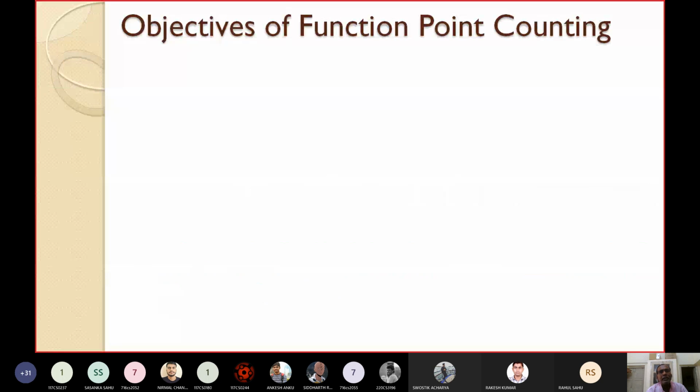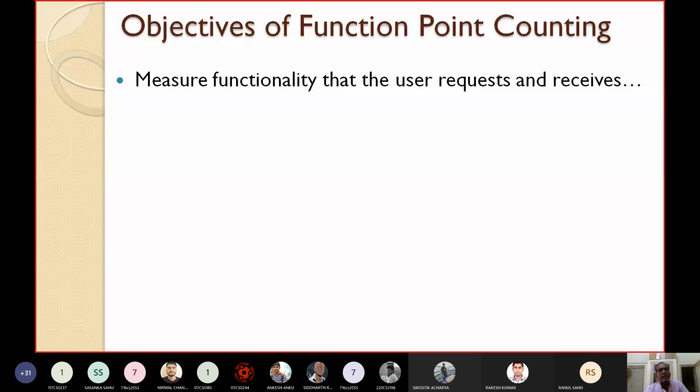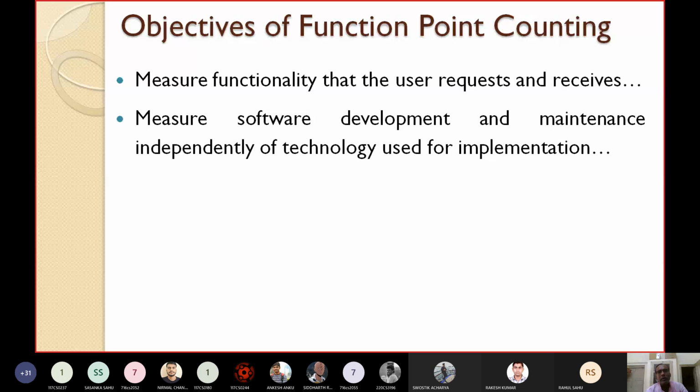Now let's quickly see the objectives of function point counting. The major objective is to measure the functionality that the user requests and receives. Another objective is to measure software development and maintenance independently of the technology used for implementation.